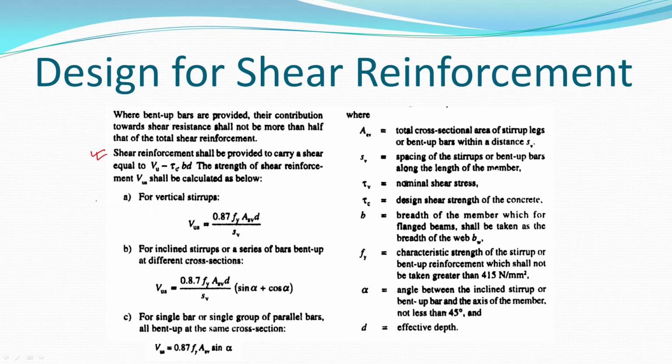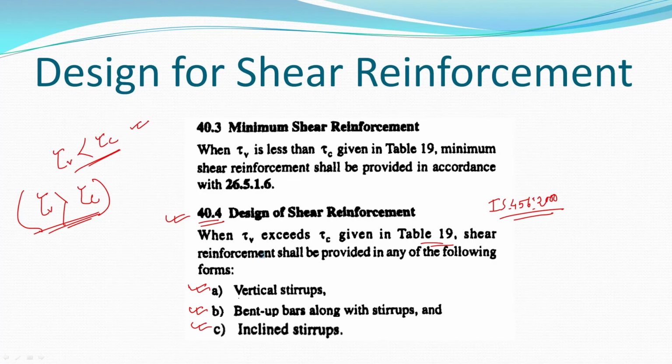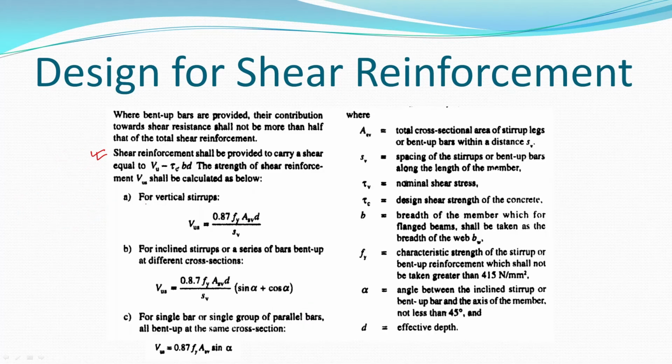So for the first case, as I told previously, vertical stirrup, the second one is bent up bars, and the third one is the inclined stirrup. Look, there are three formulas given by which you can provide the shear reinforcement. Look here, for vertical stirrups we need to use this particular equation, for inclined stirrups we need to use this particular equation. Definitely if there is an inclination, there is an angle, right?